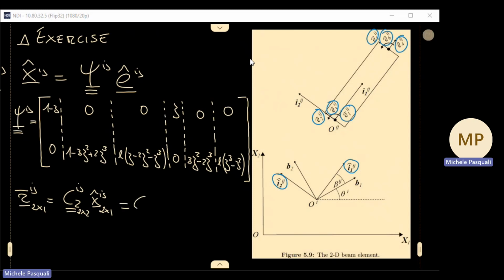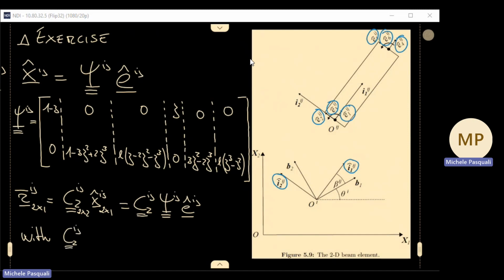Well, this, for what we have written so far, is psi ij applied over E overhead ij, with C2 ij. What is it?